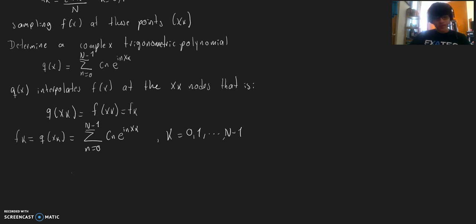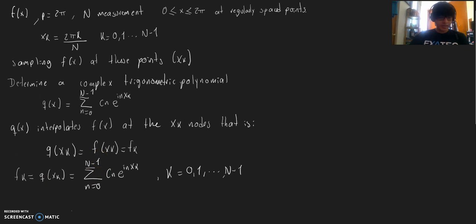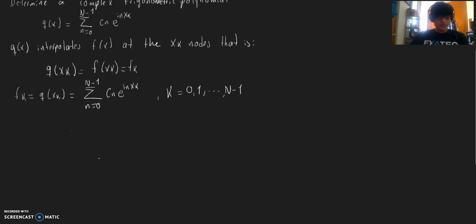However, we require to obtain the value of these coefficients, because everything else we already know. So we know the value of n, that goes from 0 to n minus 1, and the value of x of k, that will be the result of the evaluation of this previous equality here.